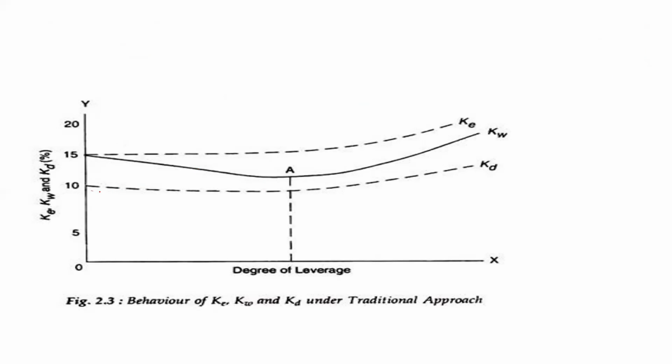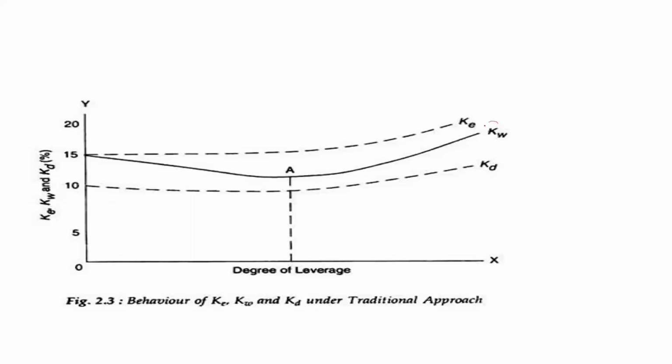So you can see that the cost of a debenture is more or less constant at 10%, but when you are increasing more and more debentures, what happens? The cost of debenture becomes higher and higher, because if you need more and more funds, obviously the investors shall be charging more and more. In the same way, the cost of equity remains constant up to a certain level or time period, and thereafter it starts increasing.